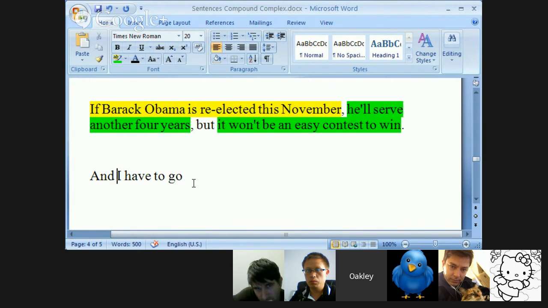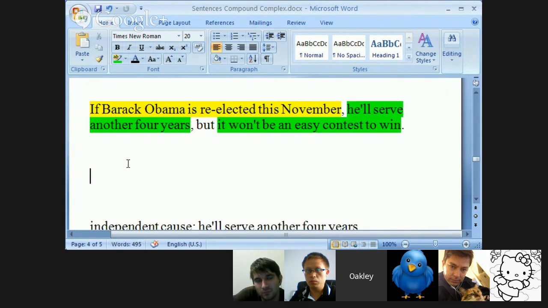But if we say "if I have to go", we say it's dependent. That's right. So for me, it's almost the same. When we say independent, we have to remove the "and" or "but", so it makes sense. And we can do the same if we remove "if", it makes sense. It becomes independent. Do you see what I mean?